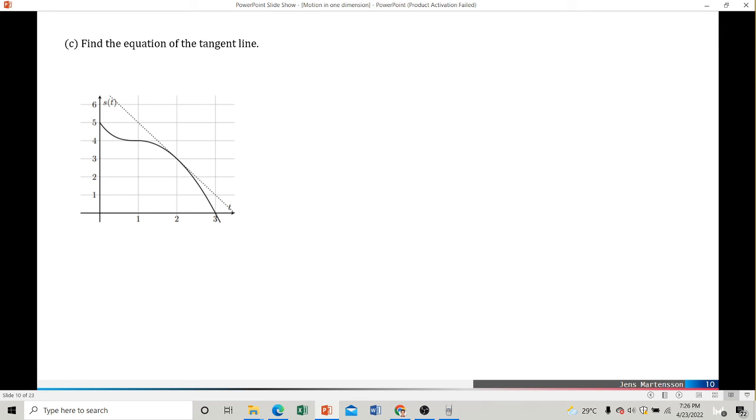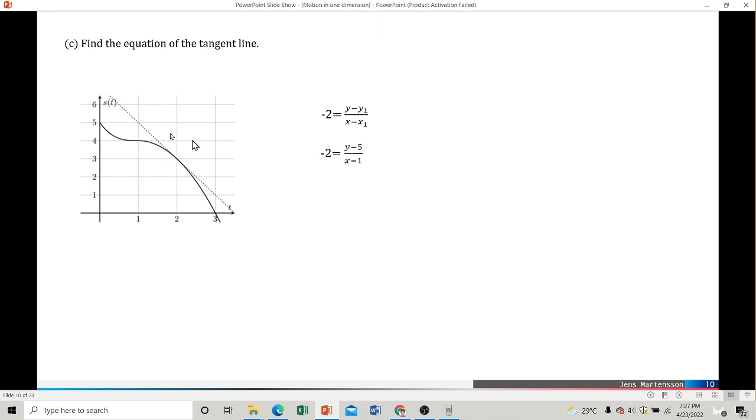So let's go with C, find the equation of the tangent line shown in this figure below. We already know the slope of that line, which is equal to the instantaneous velocity at time equals 2. So using our definition of the slope, we have y minus y1 over x minus x1.